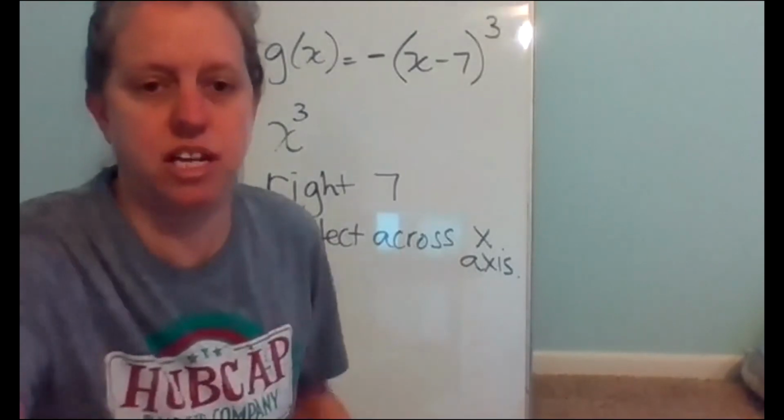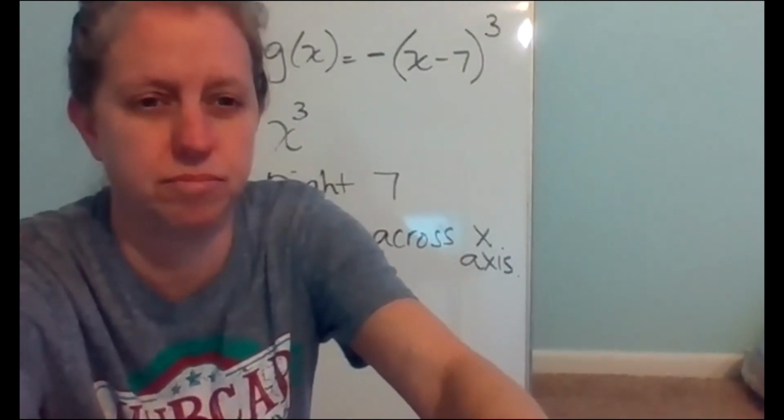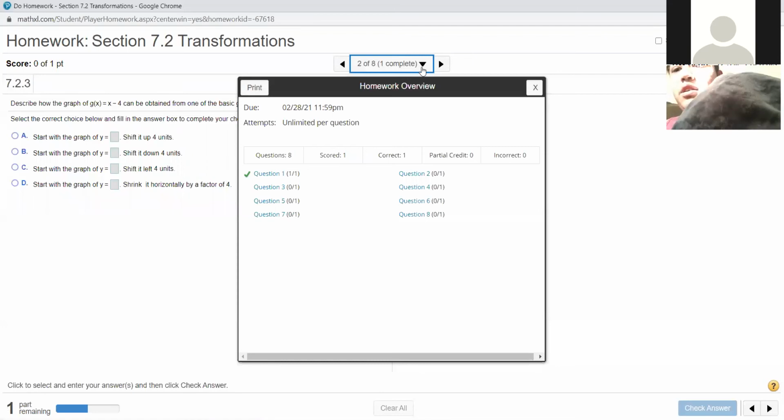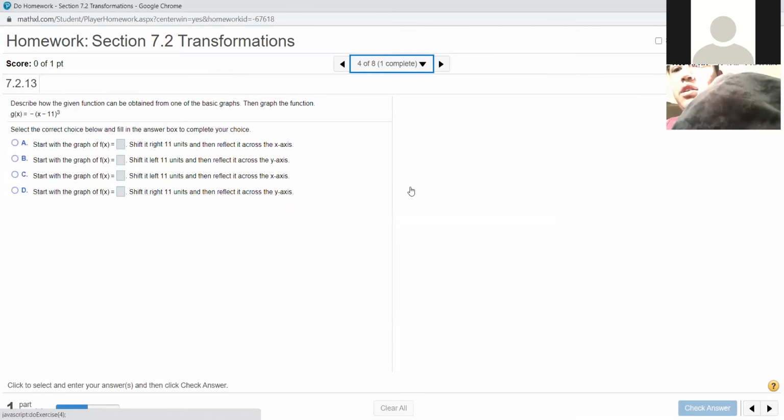So I am going to share this to show you how you would do one of these. Okay, so let's see this one. I'm going to start off with an x cubed graph.